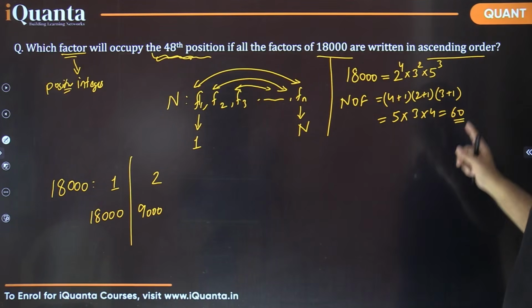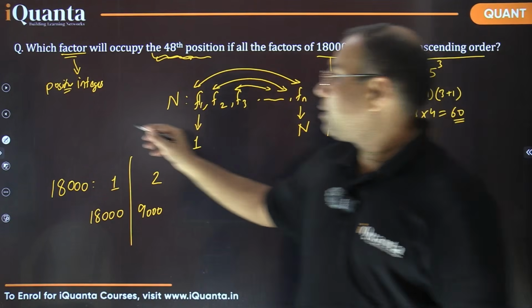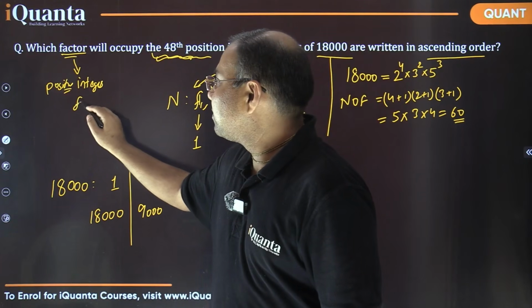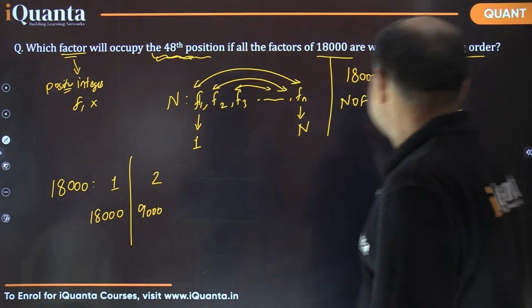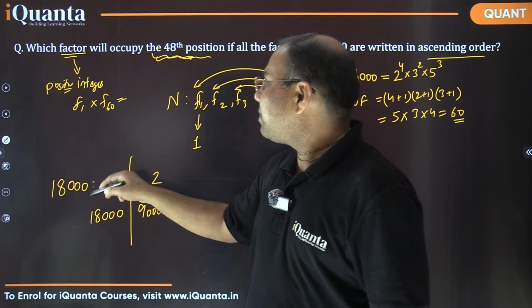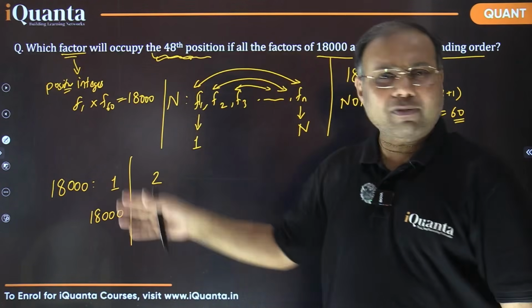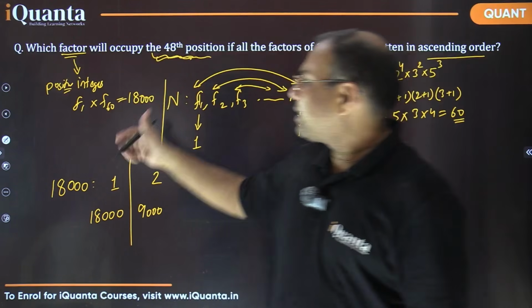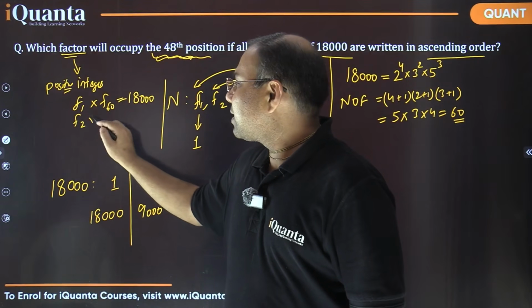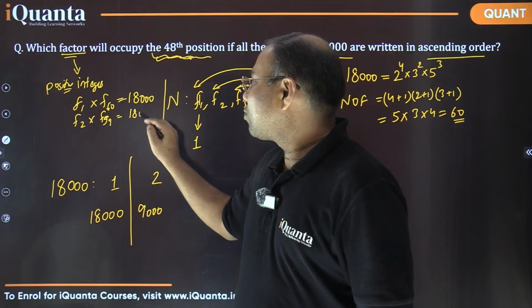So when I'm talking about the 48th factor, see in this pattern, the first factor and the 60th factor here, their product will be equal to the number itself, which is 18,000 in this case, isn't it? Yes or no? That we have already discussed. So going by that way, the second factor and 59th factor, they will also be multiplied to give the result 18,000.